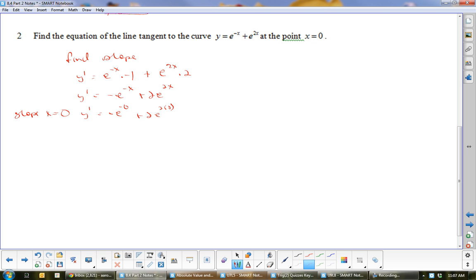So negative e to the 0 equals negative 1 because of the negative sign, and then I've got plus 2 times 1. So m equals 1.